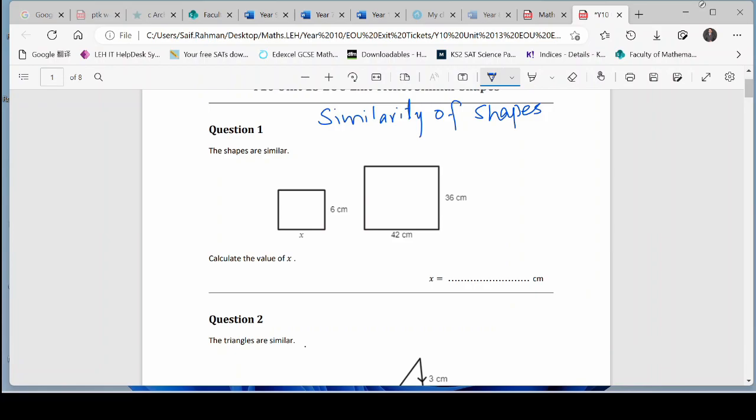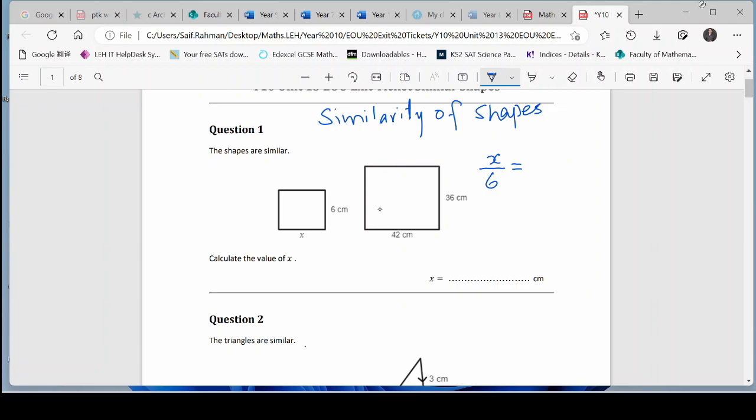So here what you have to do is simply compare the two sides, right? So what you can do is x divided by 6. Here we have taken these two sides, x divided by 6, and these are equal to the same sides of another shape.